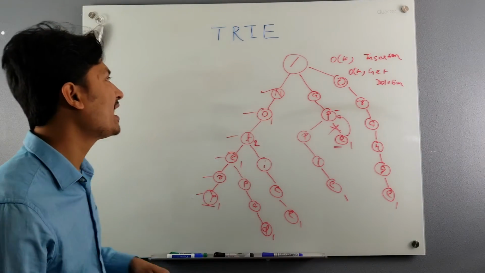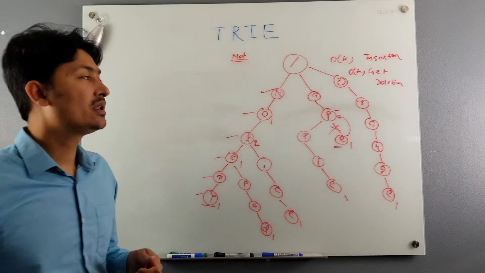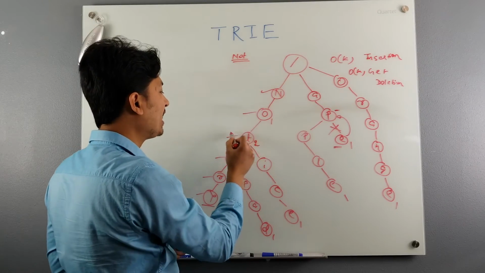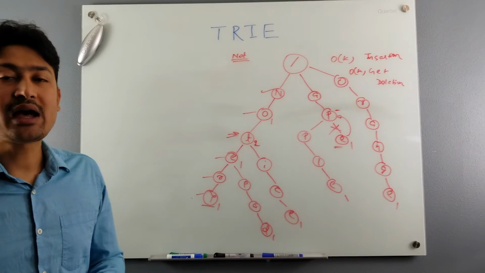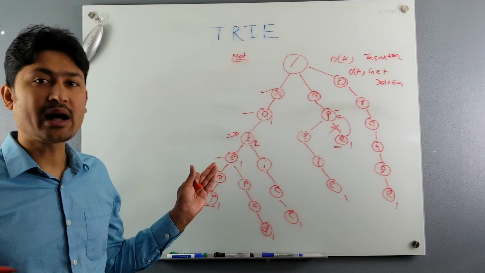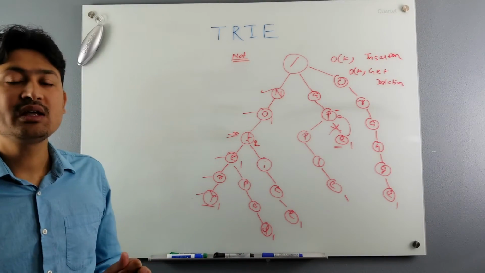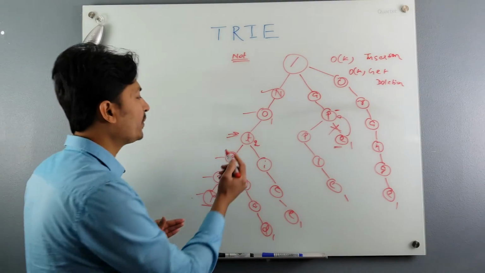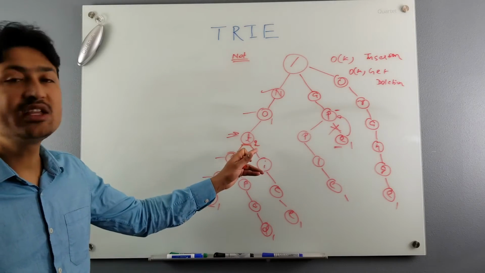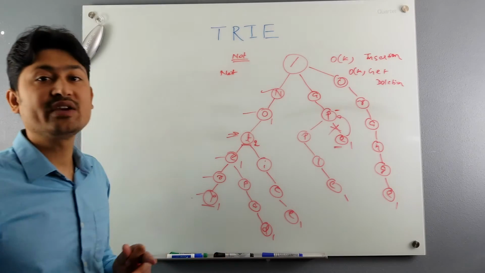For example, if I ask you, can you give me all the words which start with "not", then what you do is, you start with the root node, you go to N, O, T, and once you reach T, you do the tree traversal starting from T, going to all the paths, and as soon as you find any node with the count greater than 0, that will be considered a word. For example, here if you see the node T itself, it has a count which is greater than 0, which is 2. So "not" is a word which has the prefix "not".